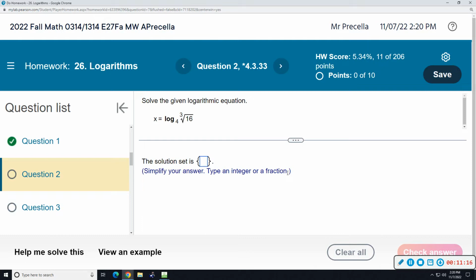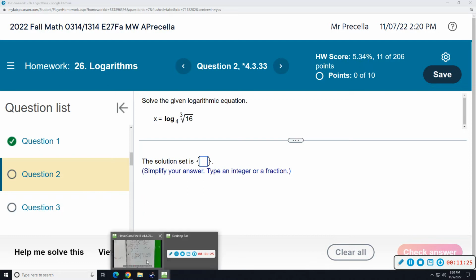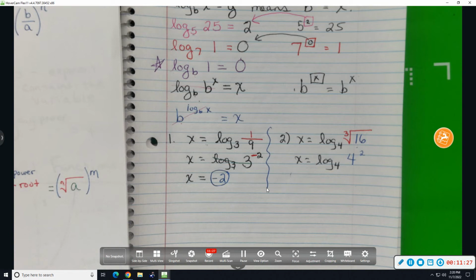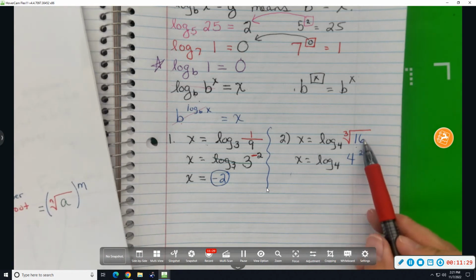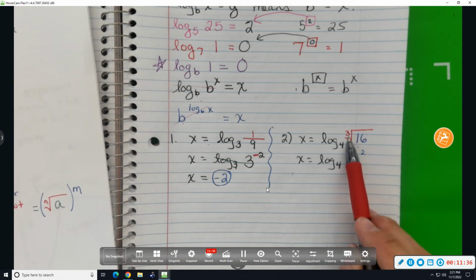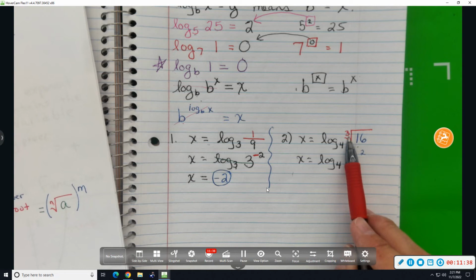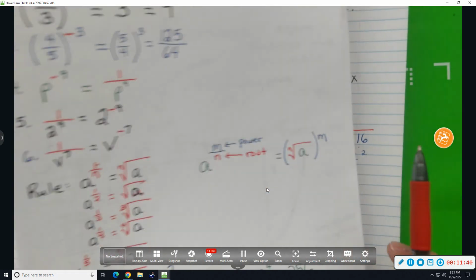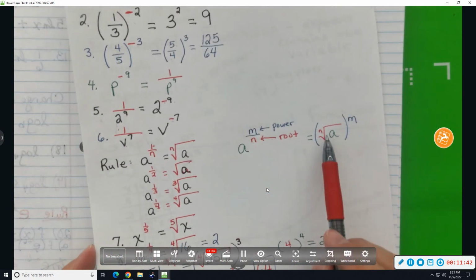Now this is going to be something that we were doing the last time with fractional exponents. So I rewrote the 16 as 4 squared. And now we're going to rewrite the cube root using something that we were doing the last time.